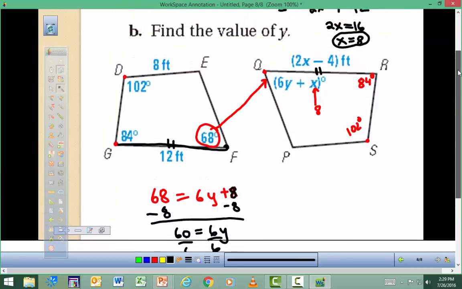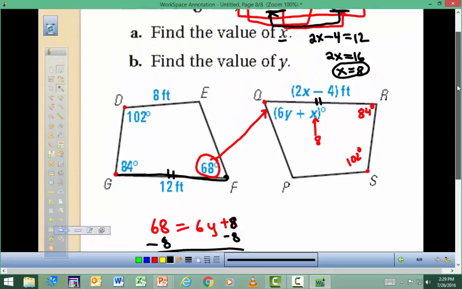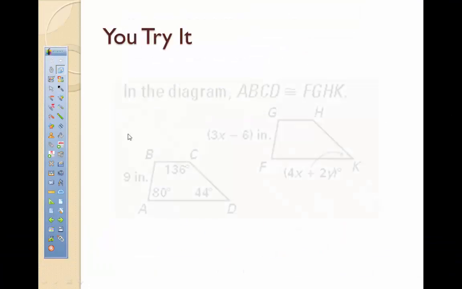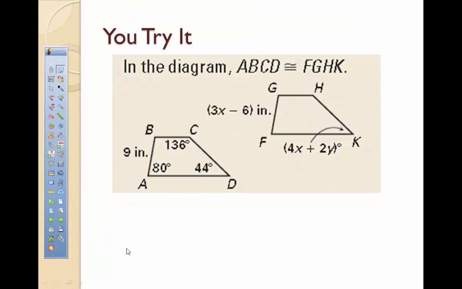The point is you have to make sure that when you're solving for x, you get the right equations in here. You make sure the parts match up. That's the only difficulty here. Maybe you should try this now.